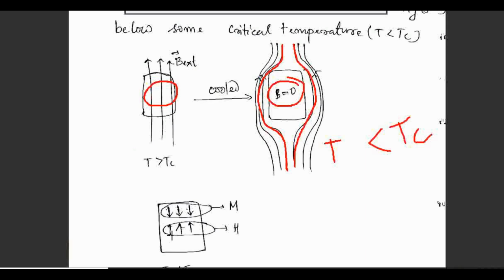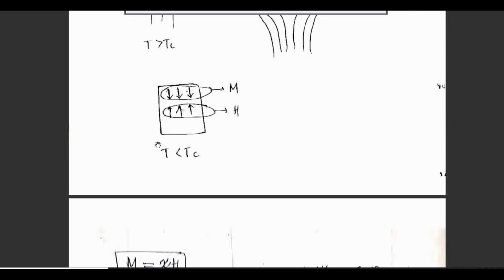And this upward arrow means the magnetic induction that is penetrating inside that material. Both add to give 0, because the intensity of the external magnetic field and the intensity of the induced magnetic field are added, and the net magnetic field becomes 0, for T smaller than Tc.